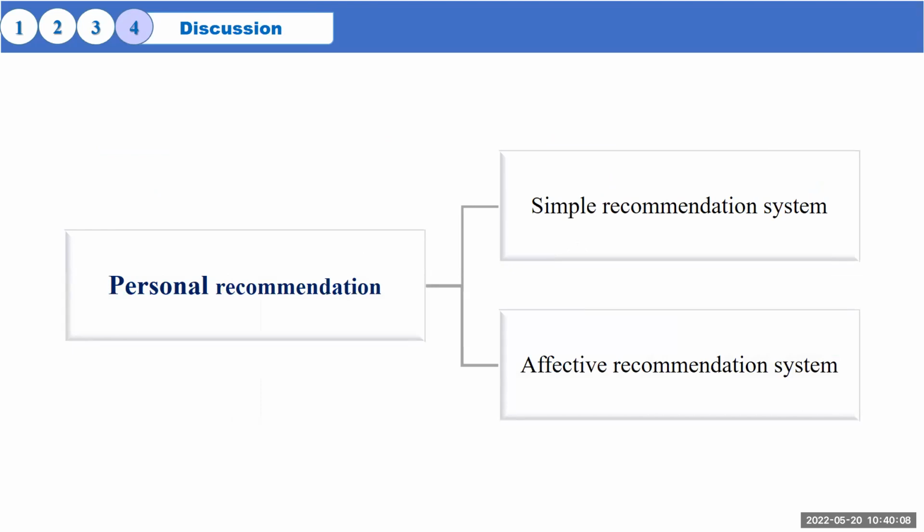Based on this, we can classify personalized recommendation into two important categories: simple recommendation systems and affective recommendation systems. Given that in the learning environment, there is no way to discern the learner's behavior and intervene to gain attention and motivation, similar to the role of a teacher in a real classroom.